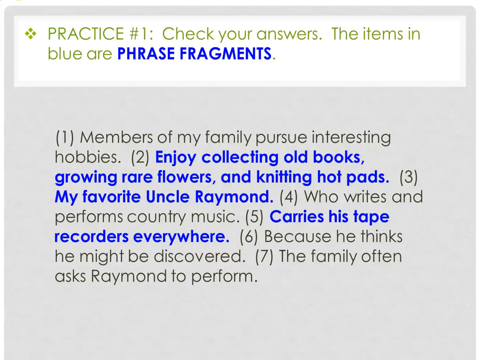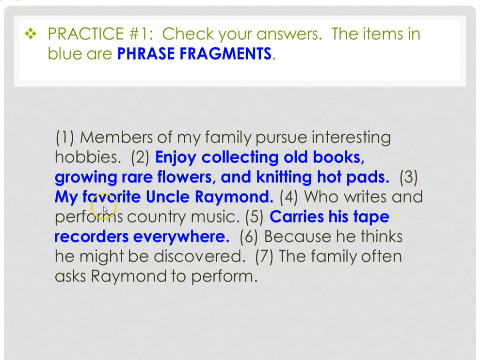First of all, look at number 2 and at number 3 and at number 5. Next to 2, 3, and 5, you should have a letter P because these are phrase fragments. Number 2 is a phrase fragment because you only have verbs. You're missing a subject. You're not saying who is enjoying collecting old books, even though it was implied in the previous sentence.